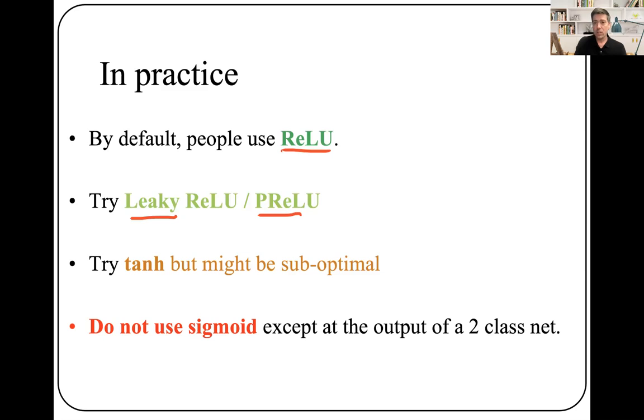And a sigmoid, well, again, sigmoid is rarely used nowadays, except at the output of the network, if you are doing a two-class classification, right? Because the output of a sigmoid is between 0 and 1.